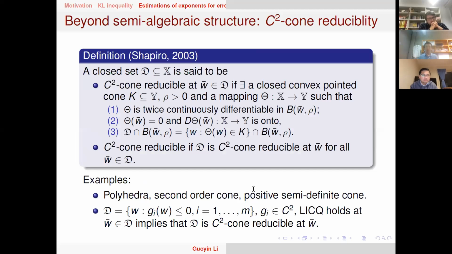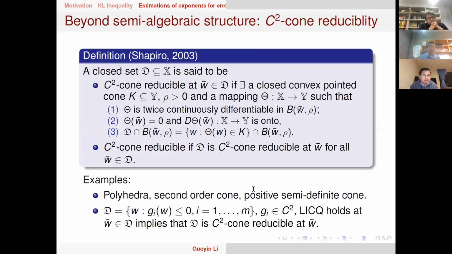Okay, and actually you can even go beyond the semi-algebraic structure, because what I mentioned about the positive semi-definite cone, this SDP, is semi-algebraic. You can even go beyond that by looking at the C2 cone reducibility. So the C2 cone reducibility is a nice structure that was introduced by Shapiro.